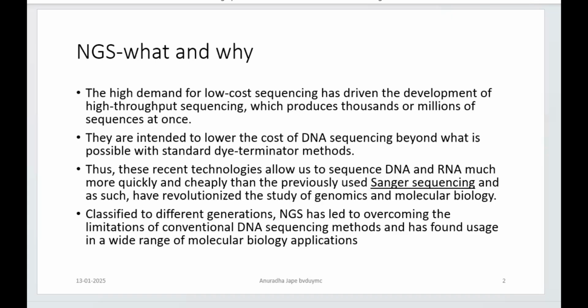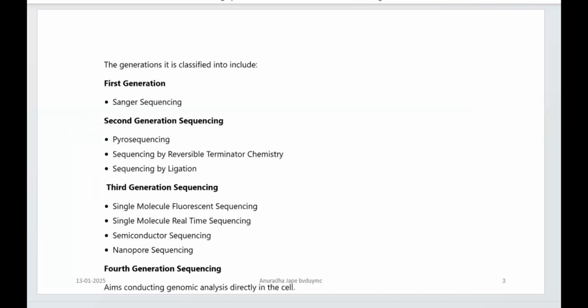They are very quick, fast, and cost efficient methods. The size of the DNA sequence that they can read out is much better than what Sanger sequencing can do, and that's why they are referred to as high throughput methods, and they are classified into different generations: first generation, second generation, third generation, etc.